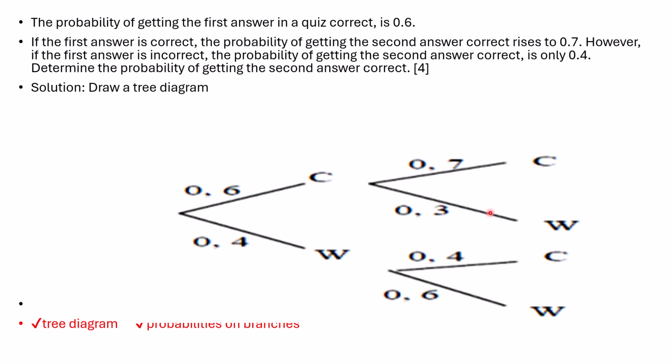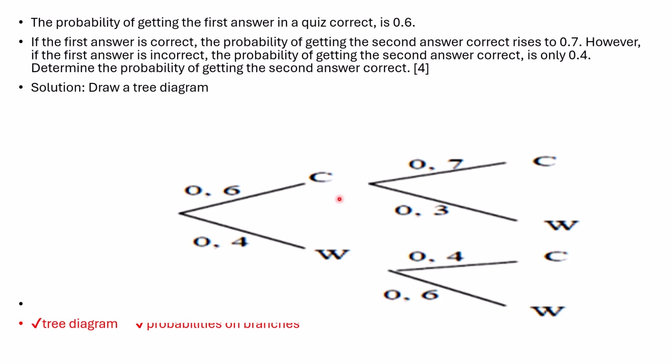Again, the probabilities on my branches must add up to 1 or 100%. So 1 minus 0.7 gives me 0.3. If the first answer is incorrect, the probability of getting the second answer correct is only 0.4. So again, 1 minus 0.4 gives me 0.6.